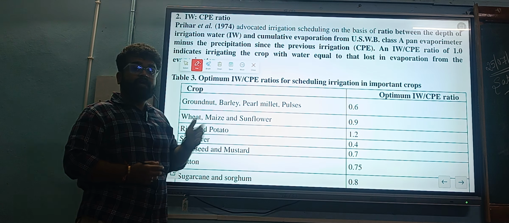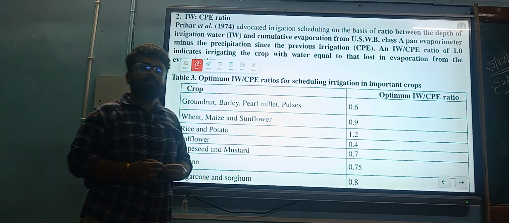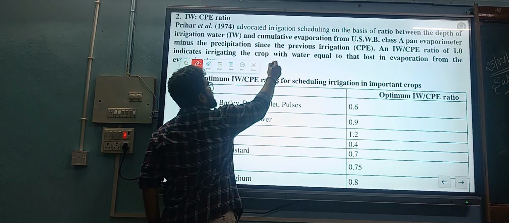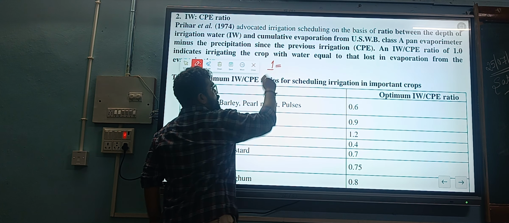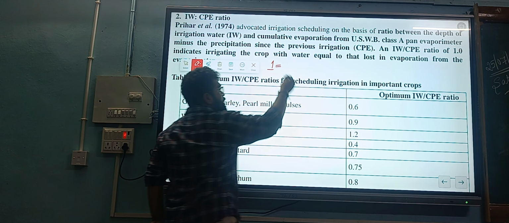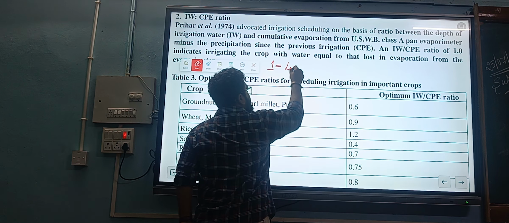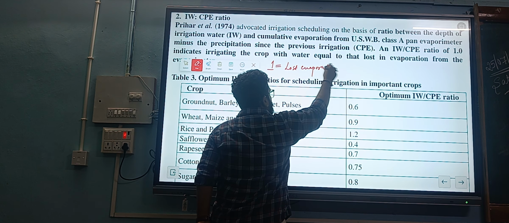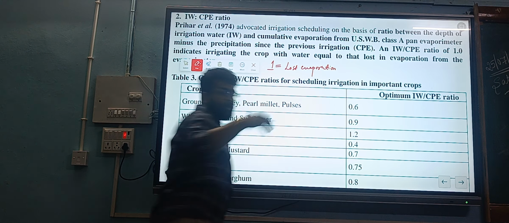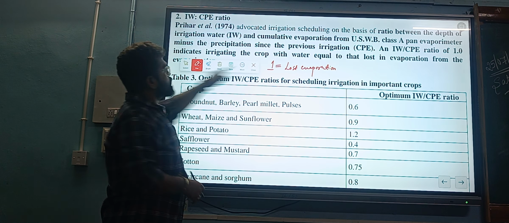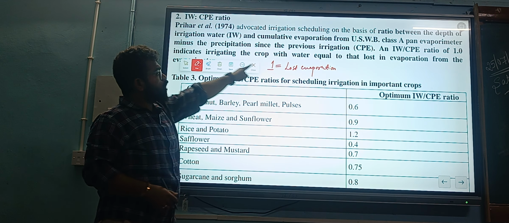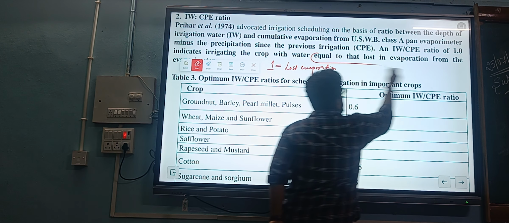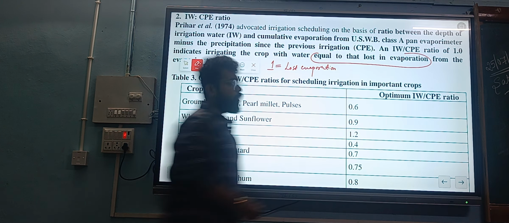IW by CPE ratio of 1, what does it indicate? The amount of water lost in evaporation is equal to the amount of water that has to be irrigated to your field. You have to irrigate equal to that lost in evaporation.